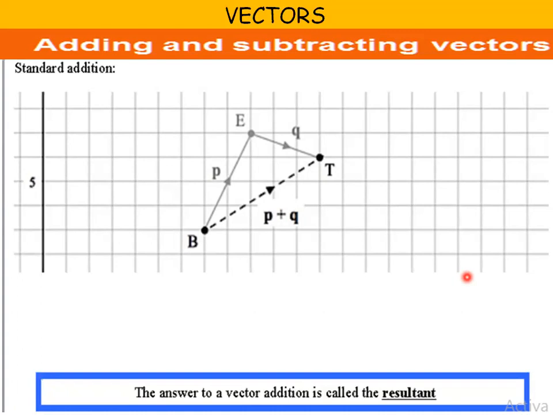Like you have here, we have the vector BE plus the vector ET to give us vector P plus Q as the resultant. The addition or subtraction of vectors gives us a result that we will always refer to as the resultant.